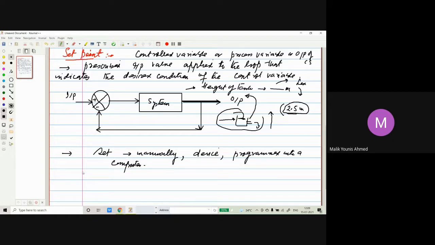Now, if I talk about the water reservoir system, which we'll be talking about in detail in the coming lectures, it's a simple example.